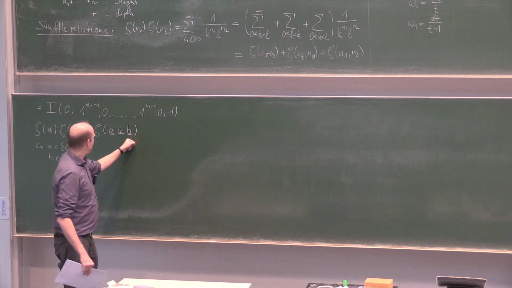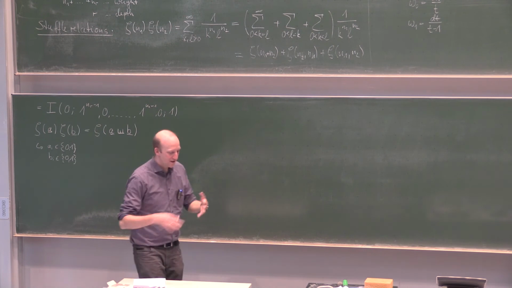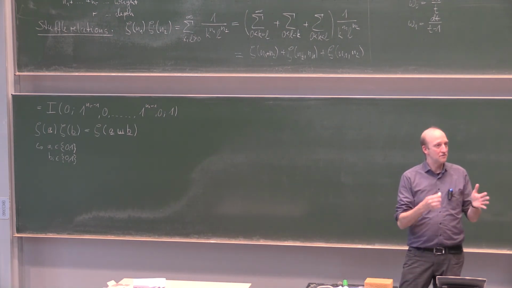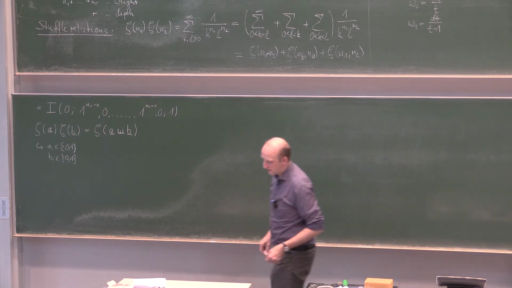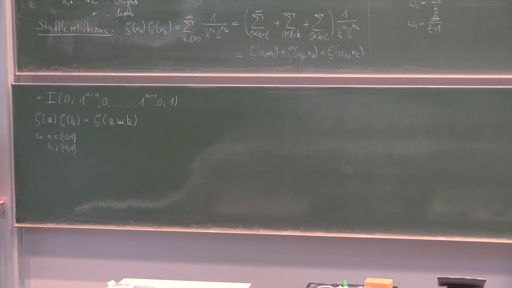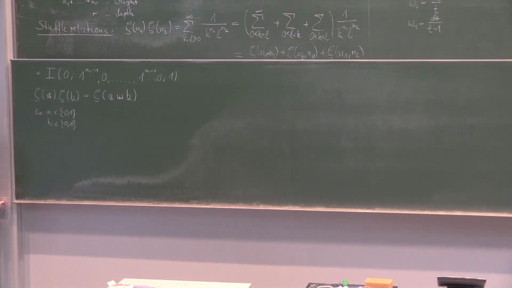So you are allowed to mix A and B up, but you're not allowed to change the succession of the elements in A and the elements in B. I think that's most easily demonstrated by an example.